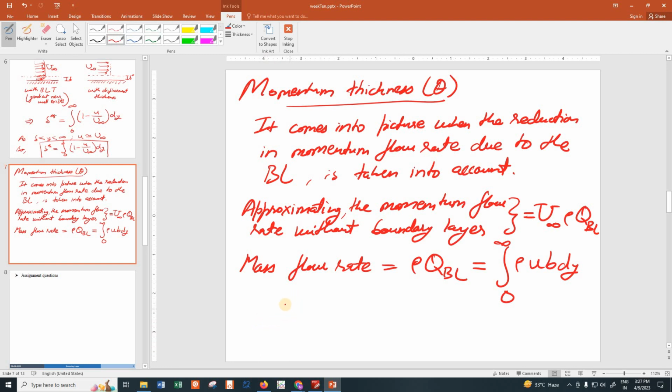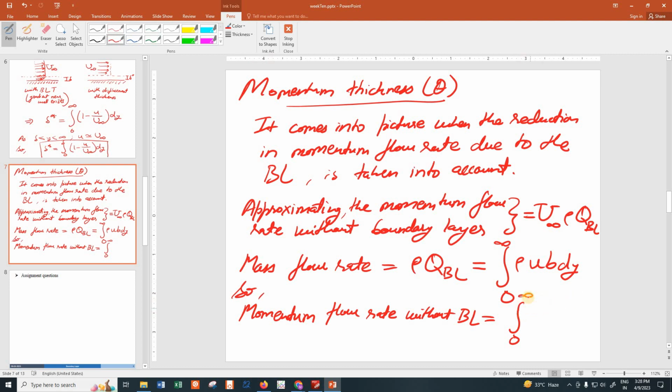Now, similarly, this was the mass flow rate. How about the momentum flow rate? We just substitute. So basically, you have the rho QBL, combine that.